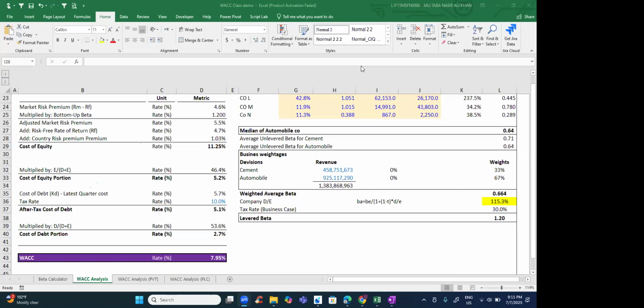Yes, these two sources are normally famous. Junaid is our CFA student, and Junaid was involved in the valuation of Mitchell's, and they have acquired Mitchell Pakistan. So they have used similar stuff there.